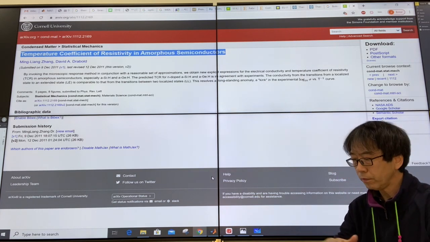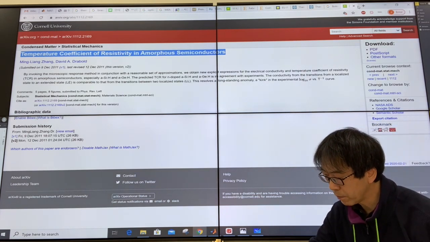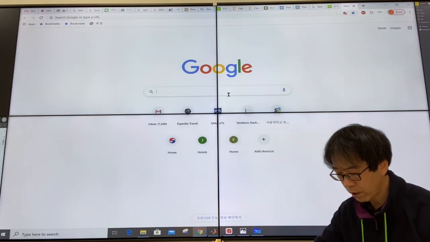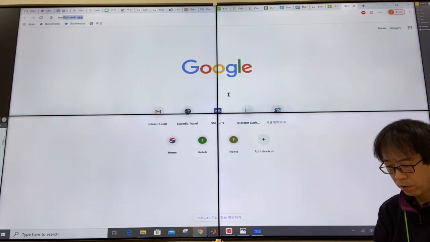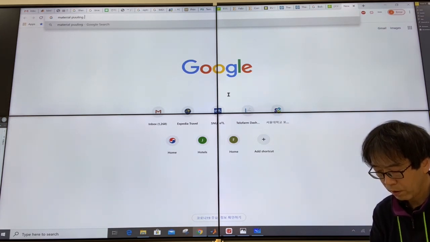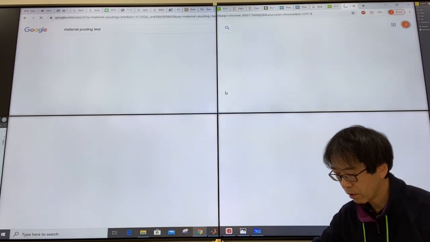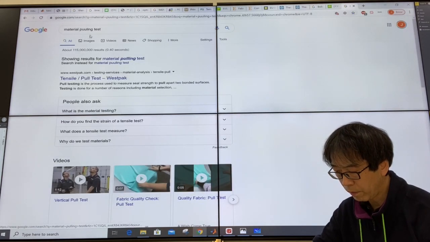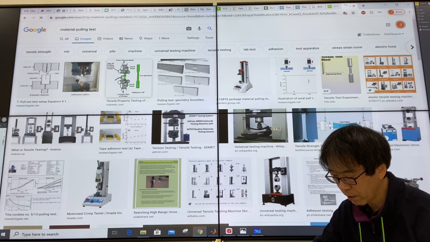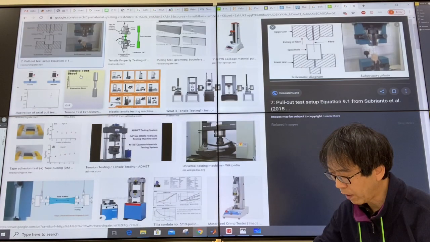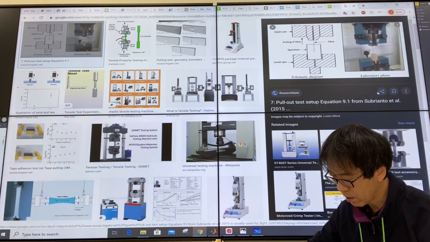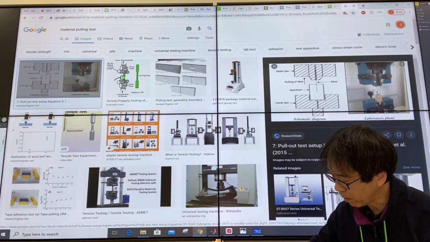Well, let's go to Google and try searching material pulling test. What kind of devices do you use actually? You use something like this, right? This kind of devices, right? You see that? You see some, well, it's too small.